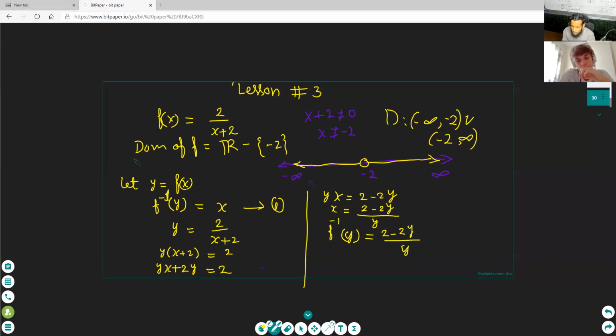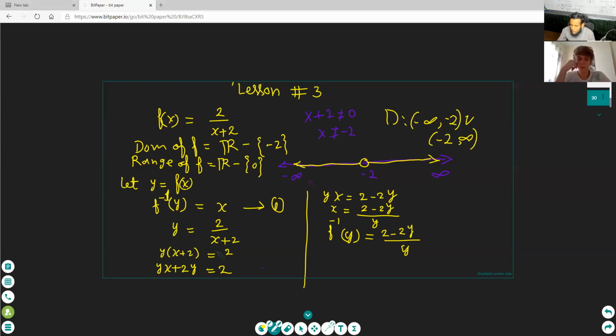So the range of function f is equal to R minus 0. Is it clear? We cannot put 0 here. So you can show the range in this form or in this form. Both are correct. Clear?